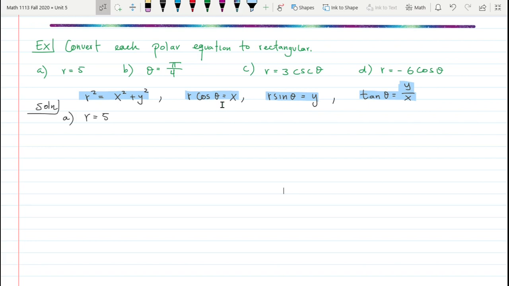So what we want to do is fit it to the first equation here. How do we do that? Well, we do that by just making use of some algebra. I could try to get r by itself, but it's better if I just square both sides.